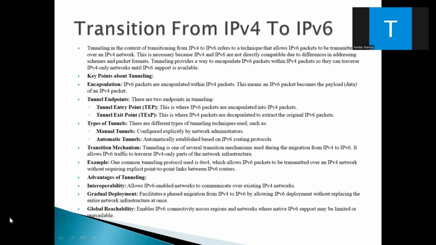It allows IPv6 traffic to traverse IPv4-only parts of the network infrastructure. Example: one common tunneling protocol used is 6to4, which allows IPv6 packets to be transmitted over an IPv4 network without requiring explicit point-to-point links between IPv6 routers.